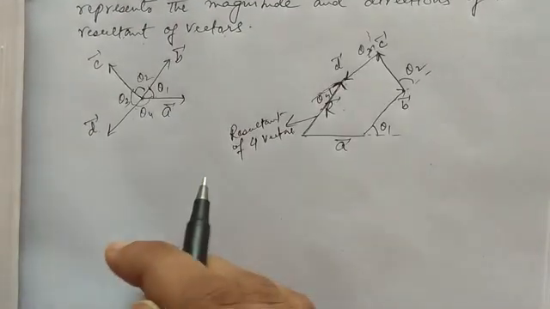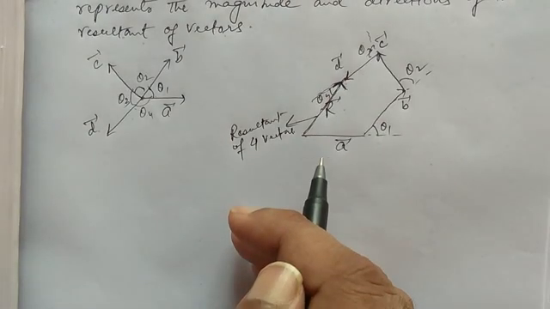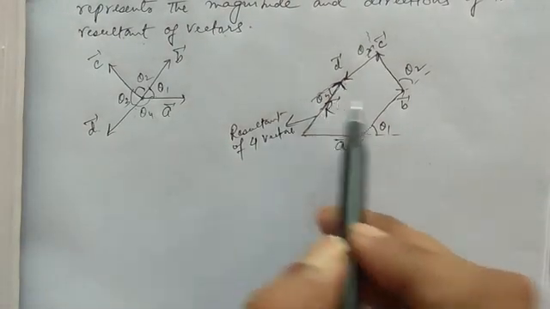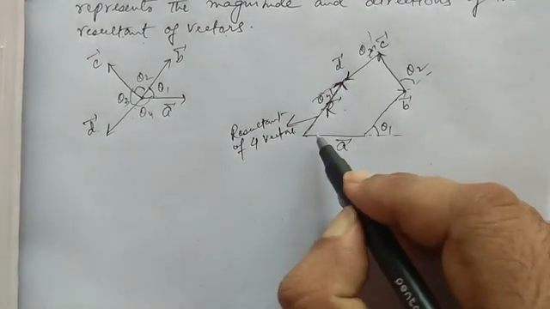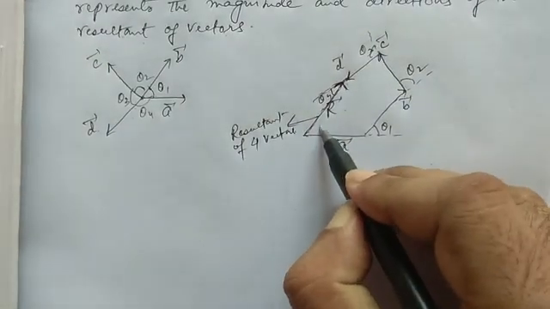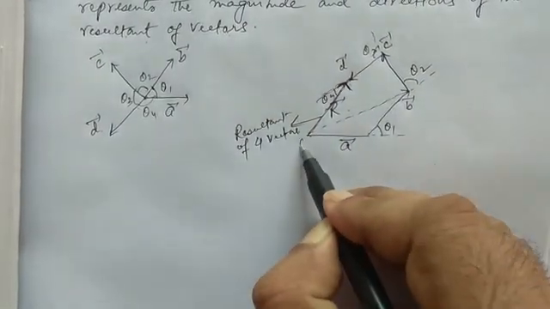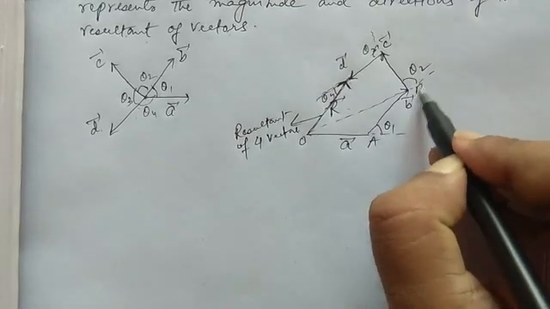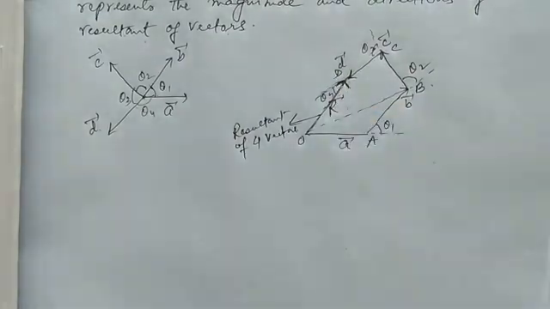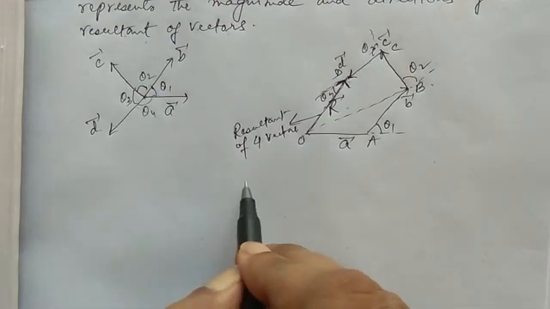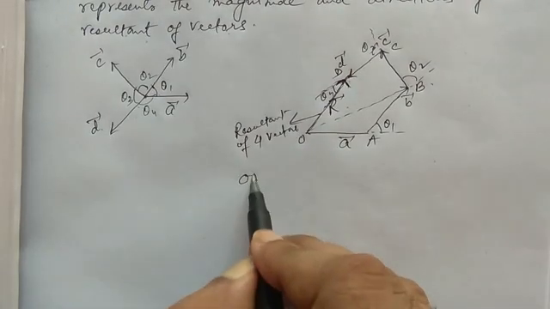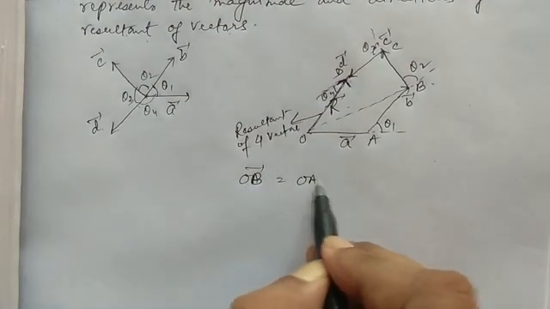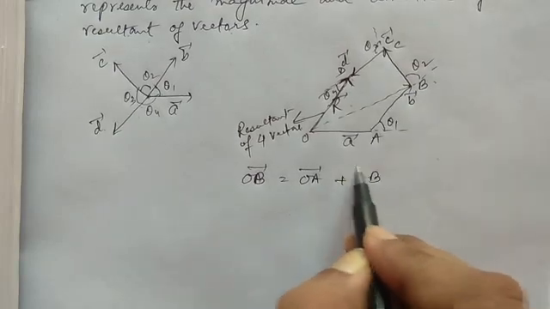From the triangle law, to derive the relation between R and all these vectors, we first name the points O, A, B, C, D. Now from the triangle law, OB vector is equal to OA vector plus AB vector.